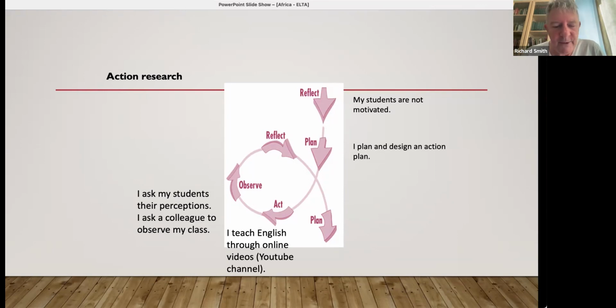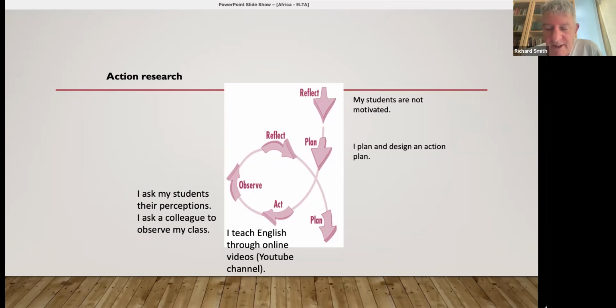That's not what I want to talk about with you. I want to talk about ways to get data in a simple way which don't interfere too much with your teaching.